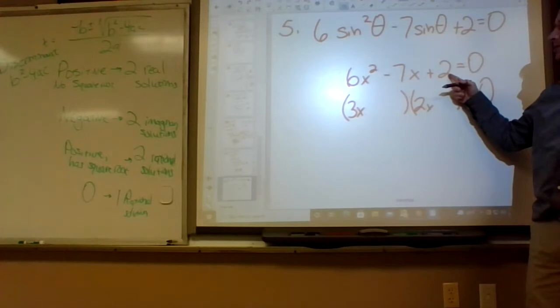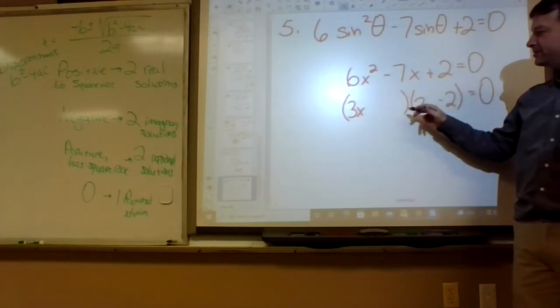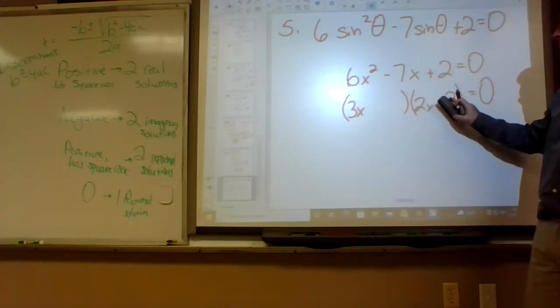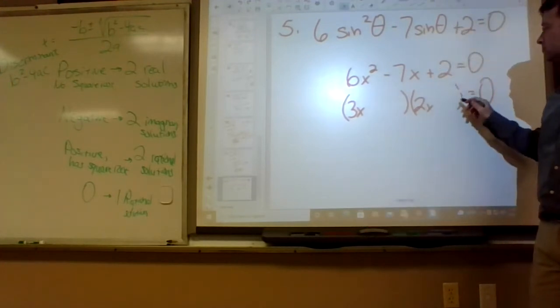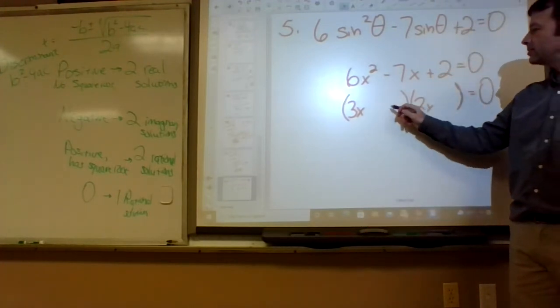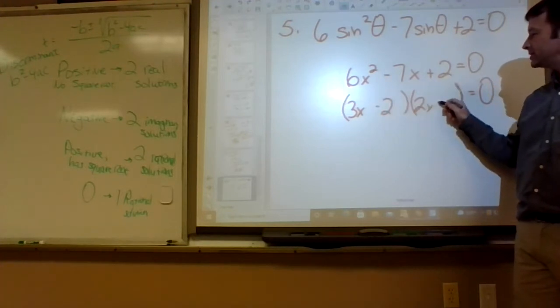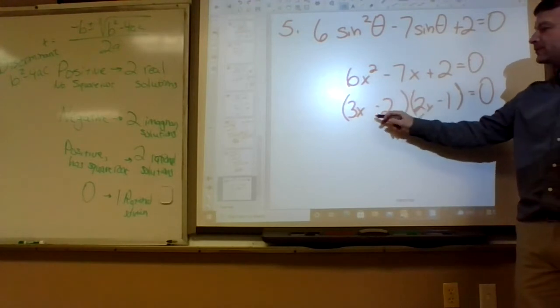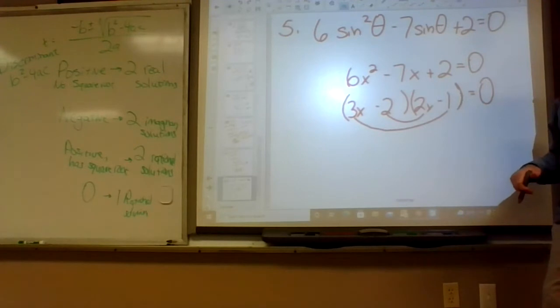It was 2 on the left. So anyway, what goes into +2 is -2 and -1. And then you check it, it's supposed to FOIL outside inside to give you -7x. That works.